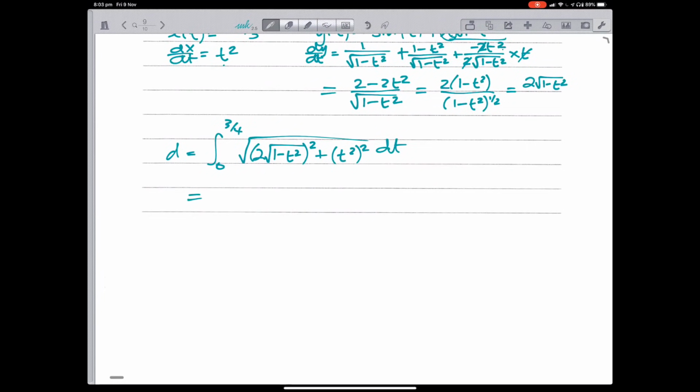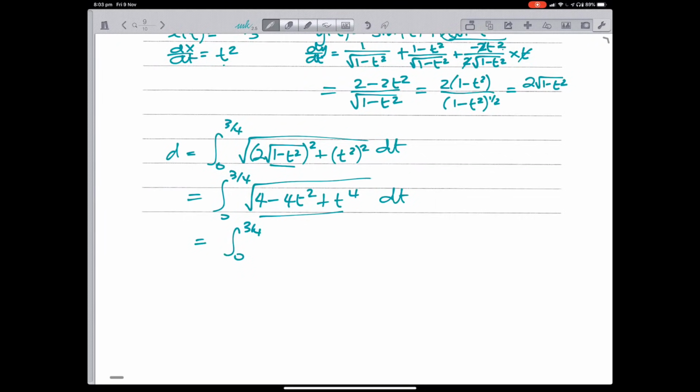Okay, so when we square this, we're going to get 0 to 3 on 4, square root. 1 minus t squared squared is just going to be 1 minus t squared. So we're going to get 4 times 1 minus t squared, which is 4 minus 4t squared plus t to the 4, dt. That'll factorise, 0 to 3 on 4.